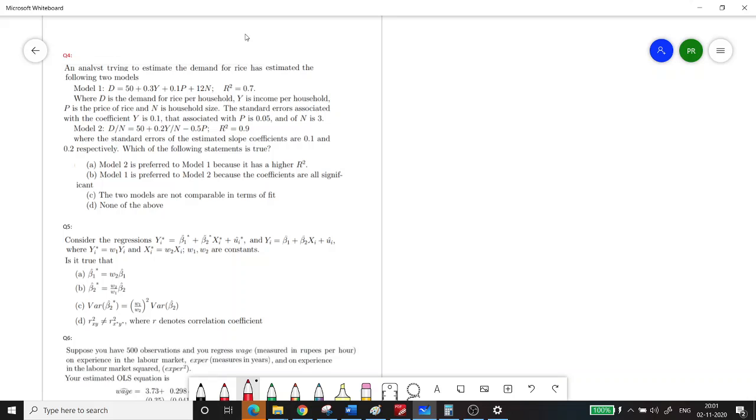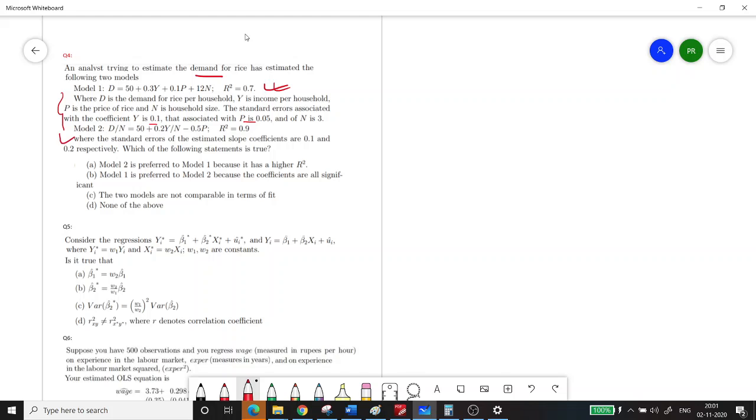Okay, let us move forward and try to solve questions. So we come to question number 4. It says that an analyst trying to estimate the demand for rice has estimated this model, where these are the descriptions about the variables used. D is the demand for rice per household, Y is income, P is price, N is household size, and these are the standard errors associated with them: 0.1, P is 0.05 and of N is 3.